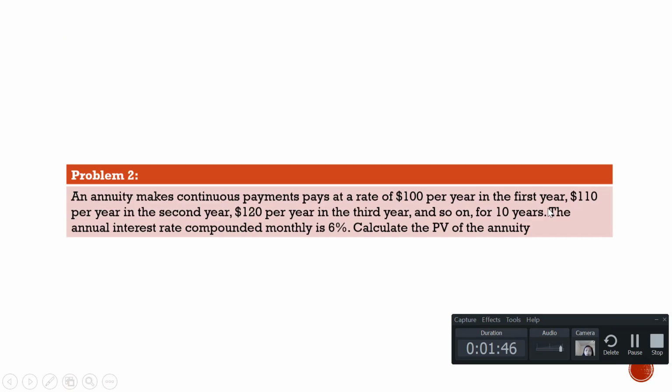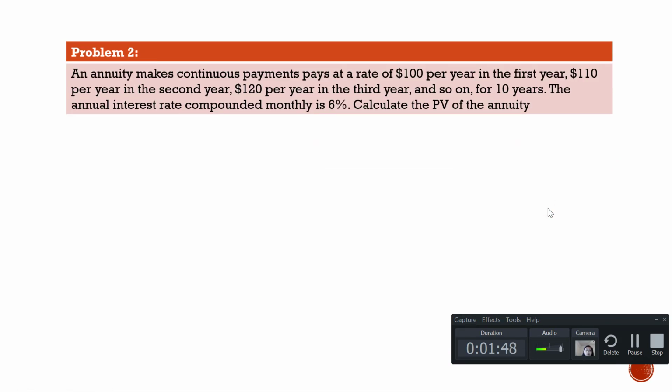Next, problem number 2. An annuity makes continuous payments, at a rate of 100 per year in the first year, 110 per year in the second year, 120 per year in the third year, and so on for 10 years. The annual interest rate compounded monthly is 6%. Calculate the present value of this annuity.